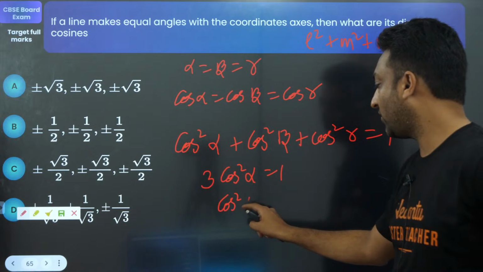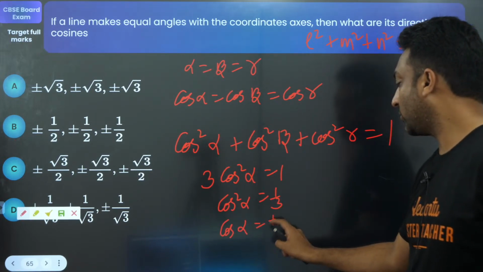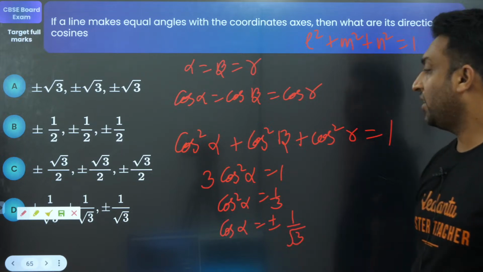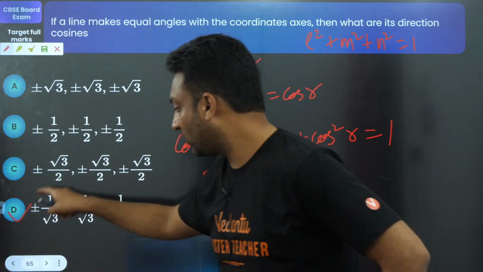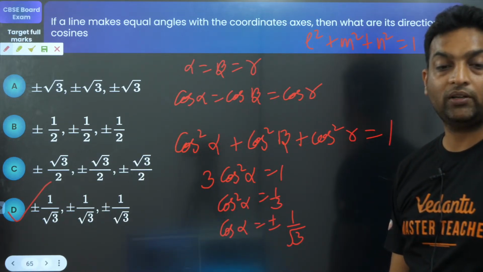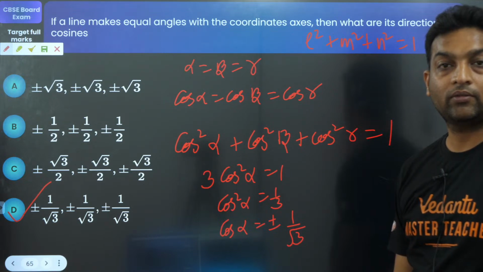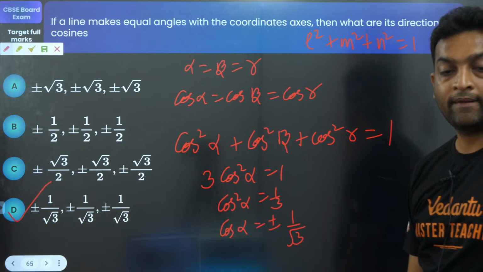Cos square alpha is 1 by 3. Cos alpha is plus minus 1 by square root 3. Hence the direction cosines are plus minus 1 by square root 3, comma, plus minus 1 by square root 3, comma, plus minus 1 by square root 3. Yes, easy.